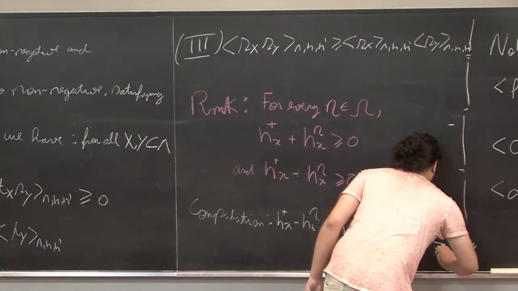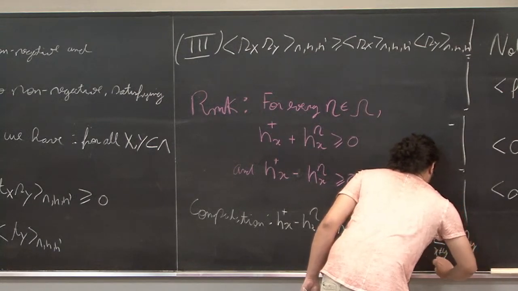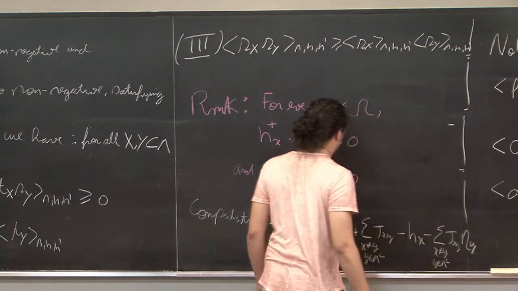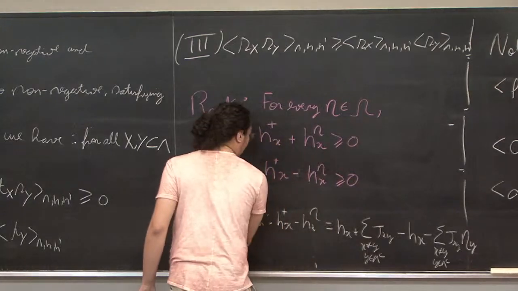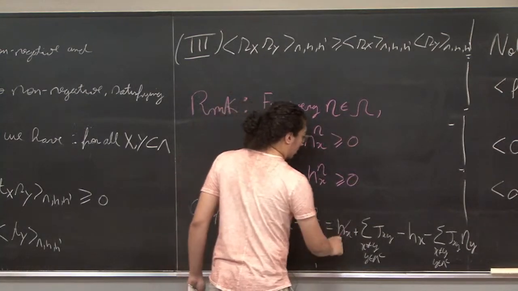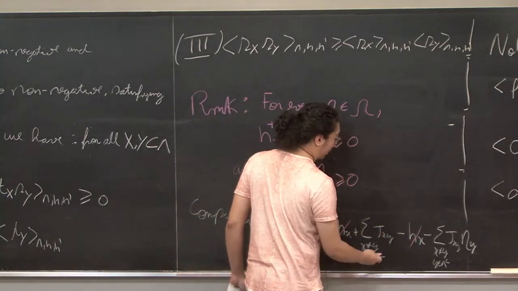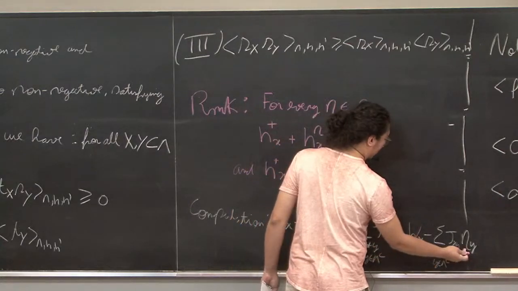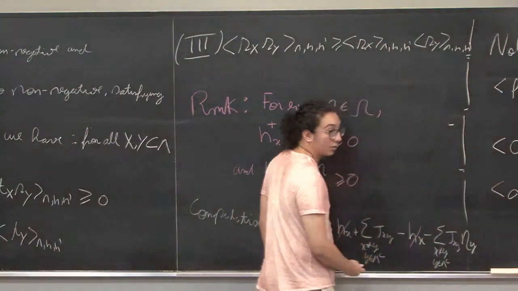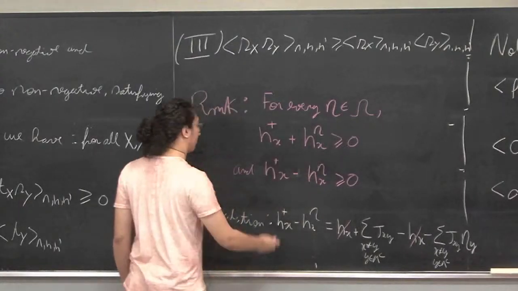Again, x different than y, and y must be outside of the box. So you see, these terms just cancel out. And for each term, this term may be equal to this, but never larger. So again, a simple computation.